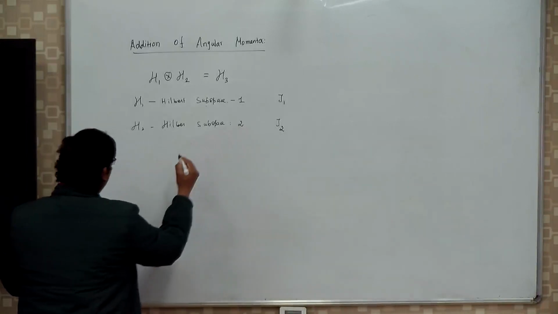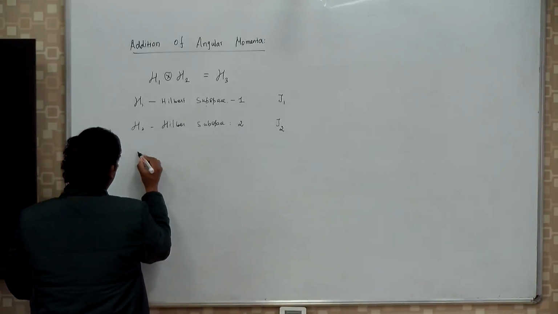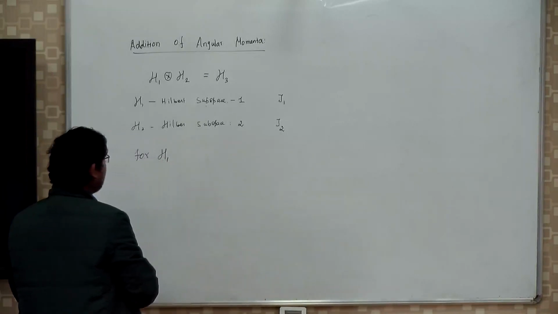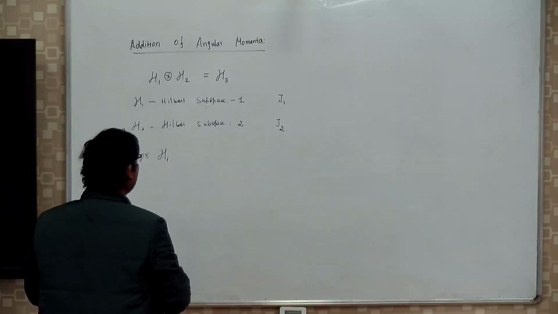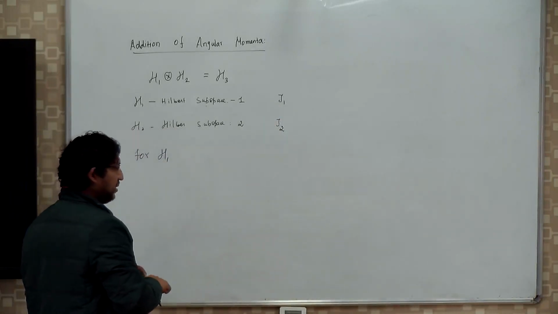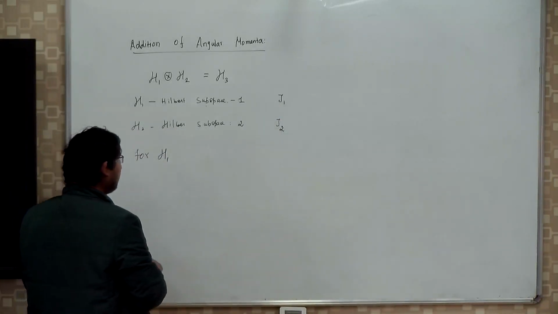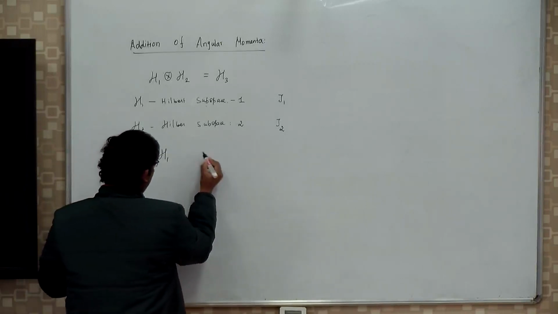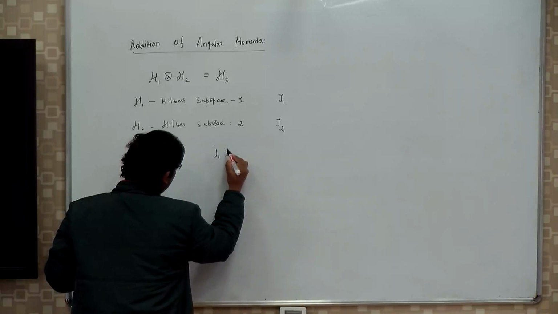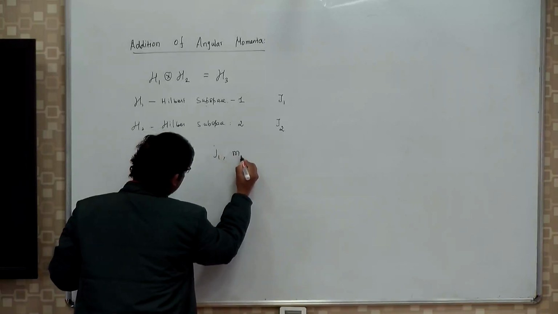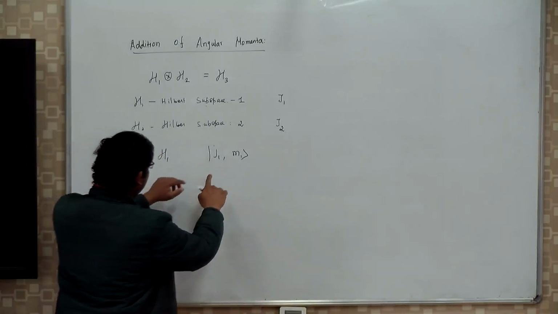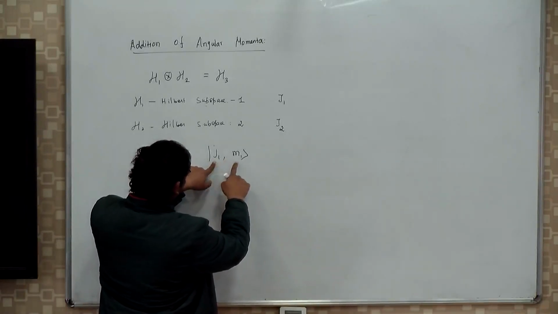So mathematically, for the H1 subspace, the angular momentum J1 can be written as a state vector with the quantum numbers J1 and M1. This is a state vector written in terms of quantum numbers.